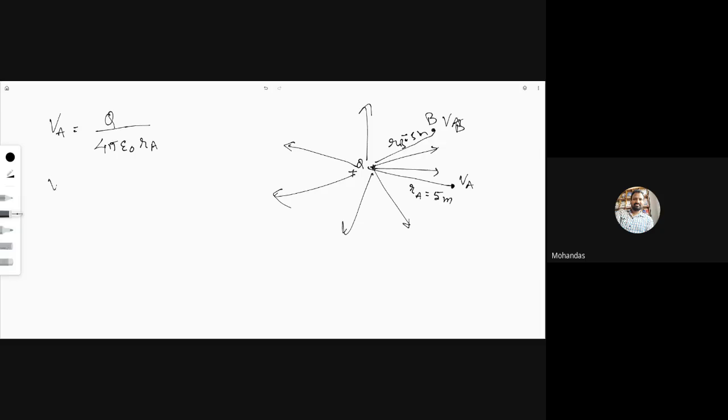VB equal to the same Q by 4 pi epsilon naught into RB, as both the distances are same. Suppose the potential at A is some 100 volts, then what may be the potential at B? As the distance is same, what may be the potential at point B?